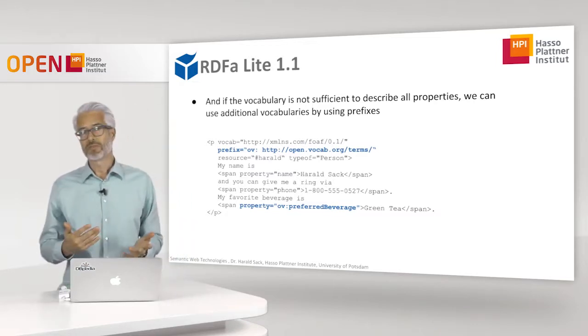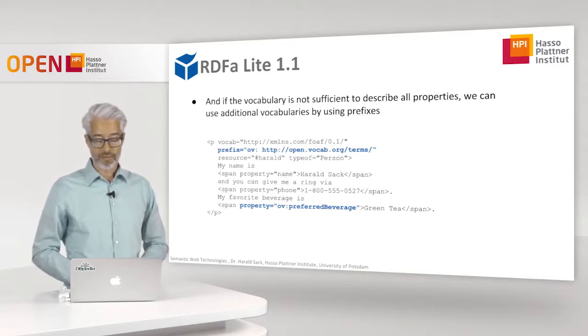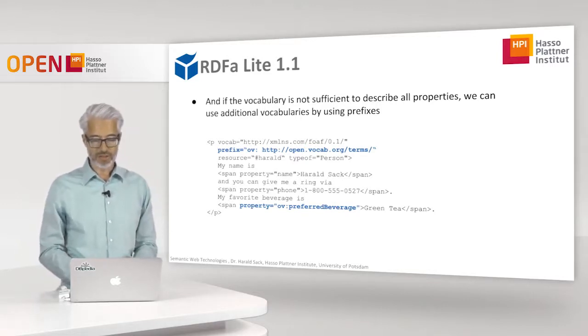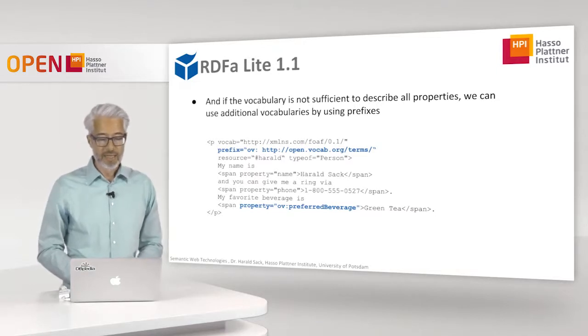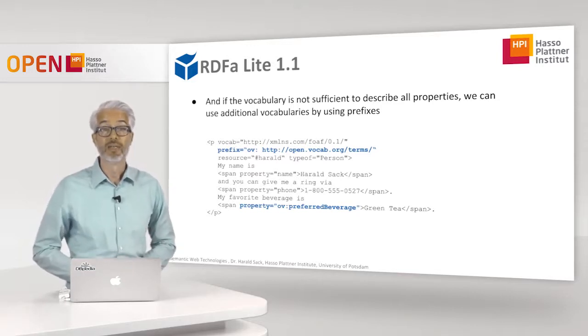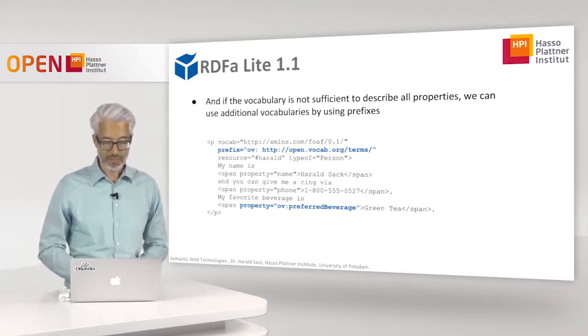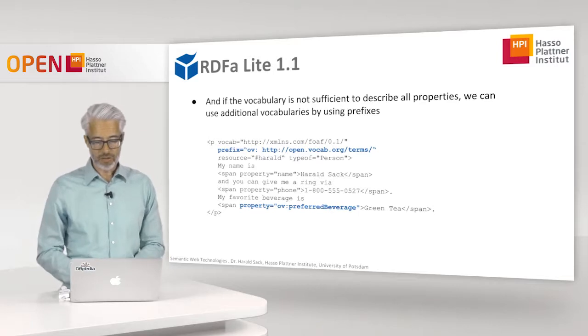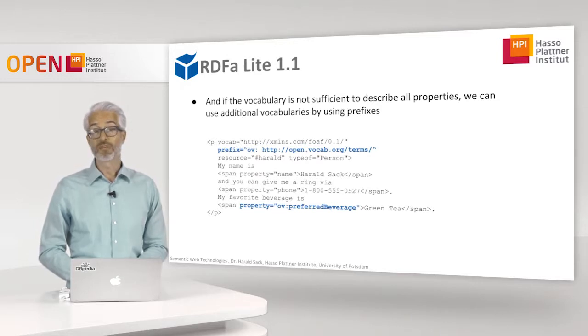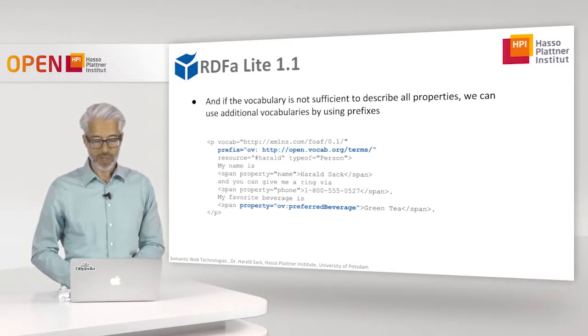Okay, so possibly one vocabulary might not be enough. Like usually in RDFa data definitions, I can use more than one prefix, and therefore there is also the prefix attribute with which I can define a new prefix for an alternative namespace. So here, for example, I also introduce a namespace from the Open Vocabulary, because the FOAF namespace does not offer a way to denote my preferred beverage.